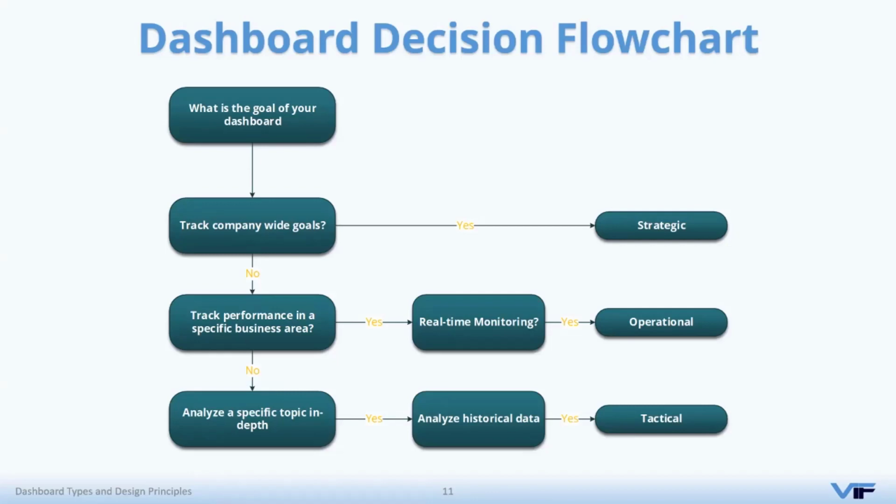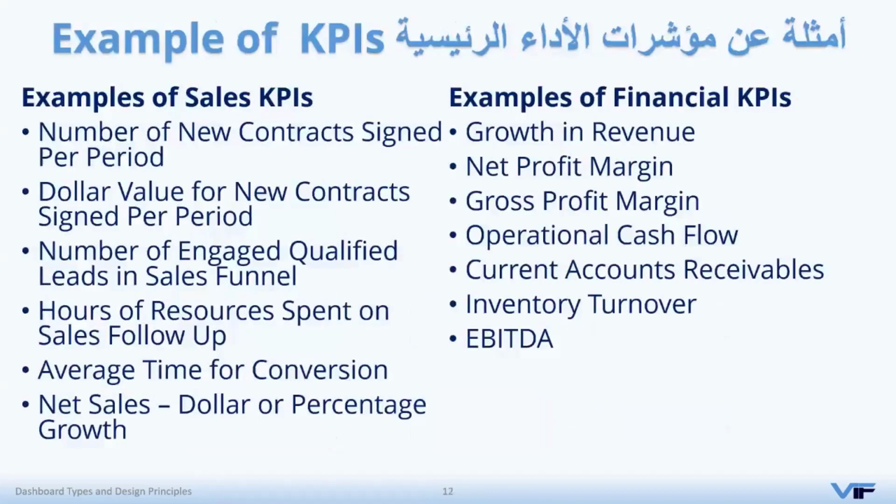Based on that, we need to understand what KPIs I need so I can create my dashboard. Here are some examples of KPIs that you can use. For sales KPIs, an example is the number of new contracts signed per period, or the dollar value of new contracts signed per period. An example of a financial KPI is growth in revenue, net profit margin, and gross profit margin.